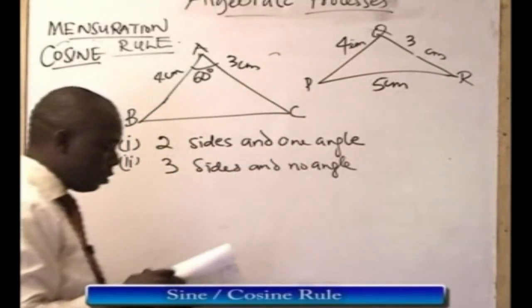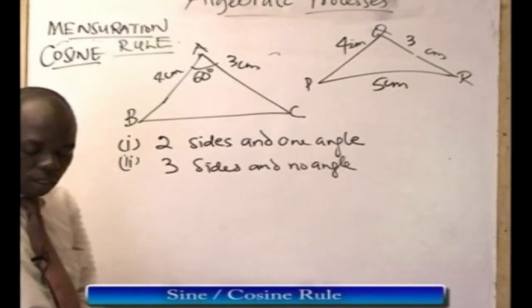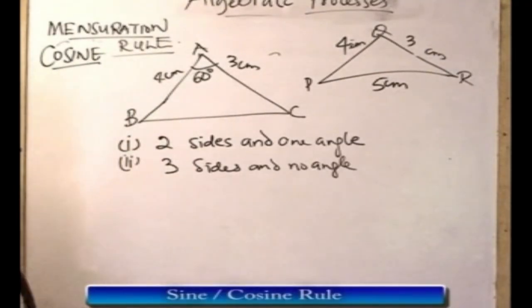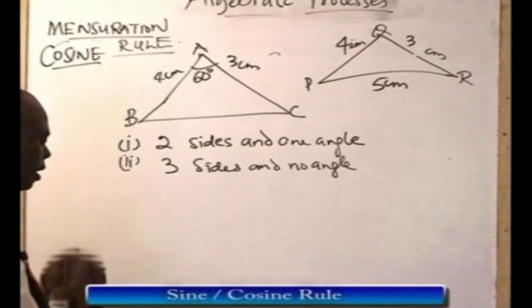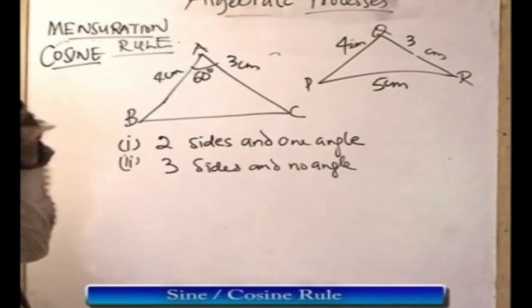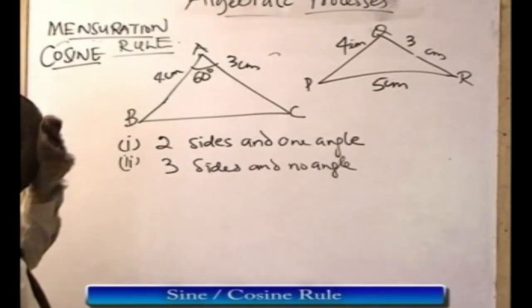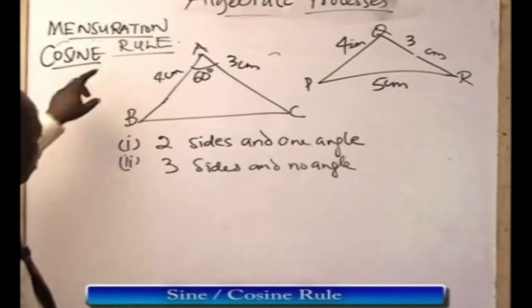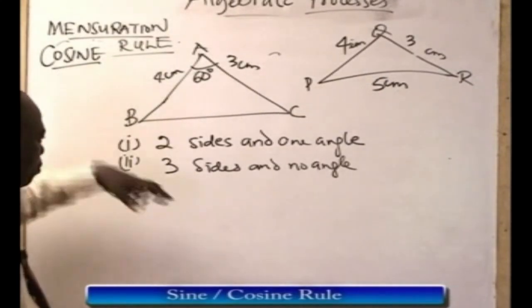When you have these two situations, know that this is not asking you to use the sine rule. The sine rule cannot help you here. This is the situation that calls for the cosine rule.